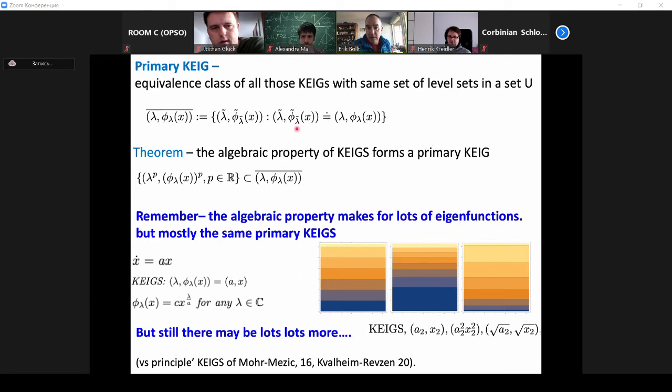So if I have an eigenfunction and have another eigenfunction and the set of level sets match, then I'll say they're equivalent under this equivalence class, and let's gather all these together. The algebraic property of Keigs forms a primary Keig in this phrasing. And that ends up being easy to prove, and that's in the paper.